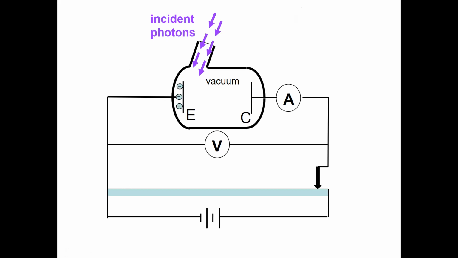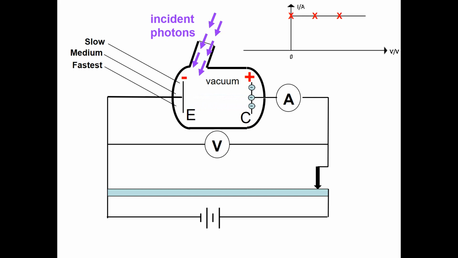If I increase the V to maximum value, the same thing happens. Every electron that comes out must be collected. So you essentially draw a straight line to the right. I've now explained the positive V side of the graph.